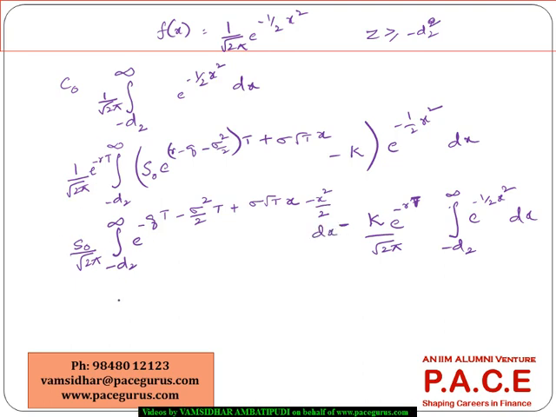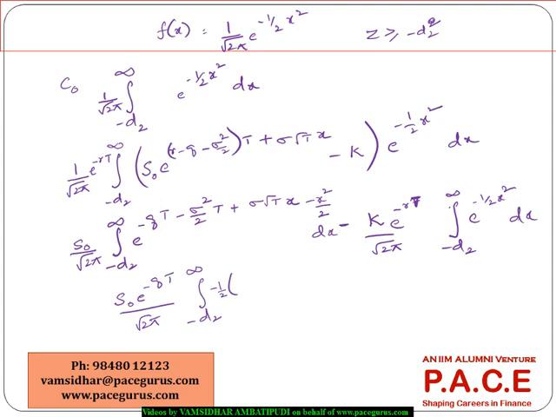Here qt is a constant, so I can take it as s naught e to the power of minus qt divided by root 2 pi, into the integral from minus d2 to infinity. This I can very well write as, taking out minus half, sigma squared t plus sigma root t times x minus x squared.